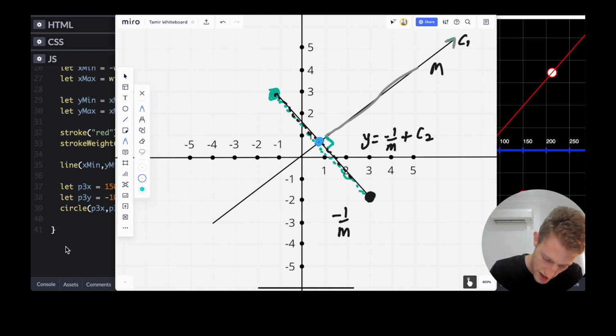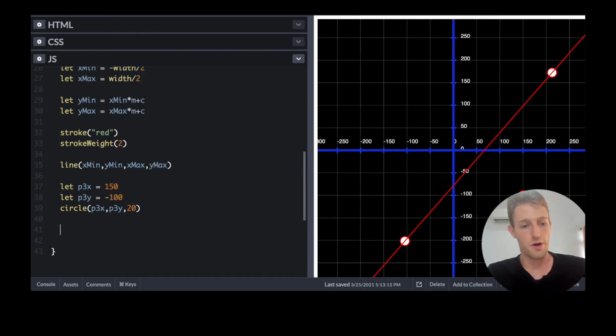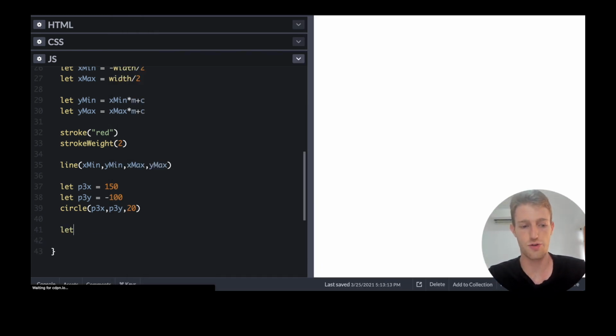Once we have that point of intersection, we could do a couple of things. Let's for now just draw this perpendicular line, and then let's come back and look at how we find this point.